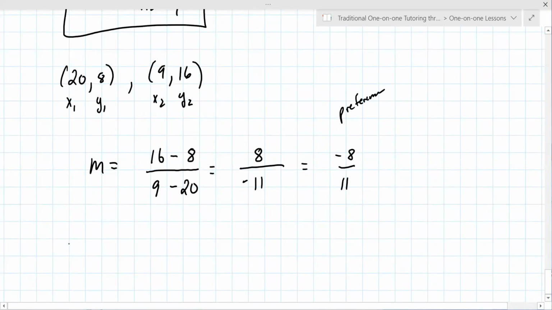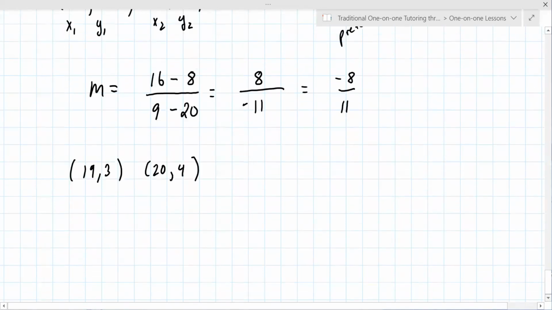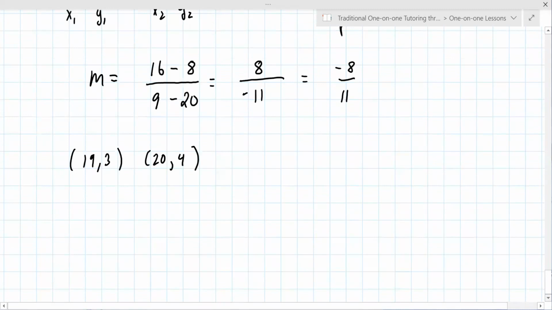All right, let's do another one. Let's say the points are (19, 3) and (20, 4). Okay, so your slope again is y2 minus y1 over x2 minus x1.